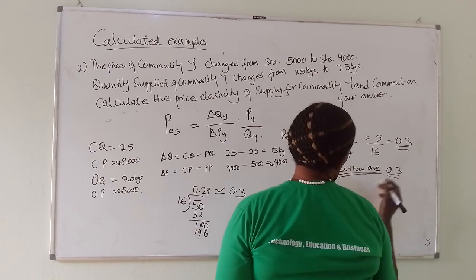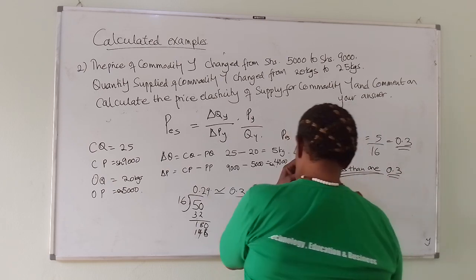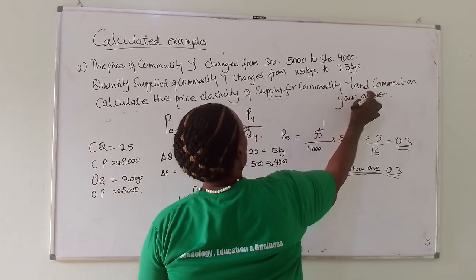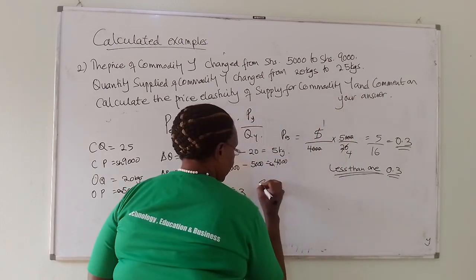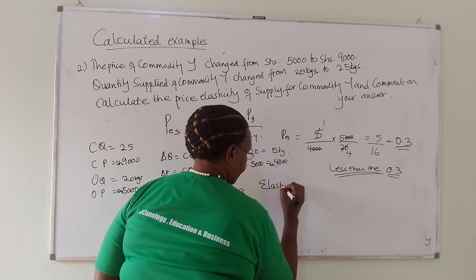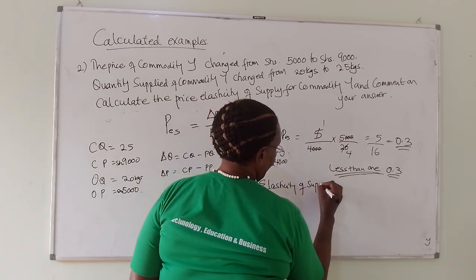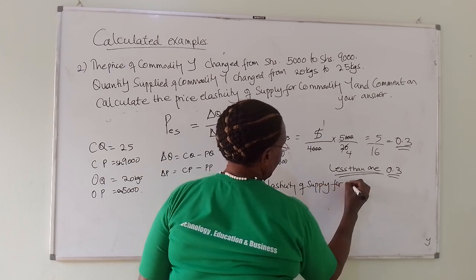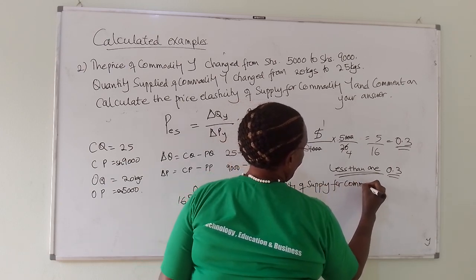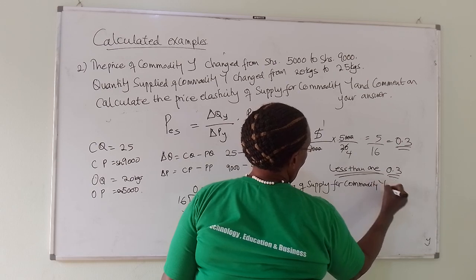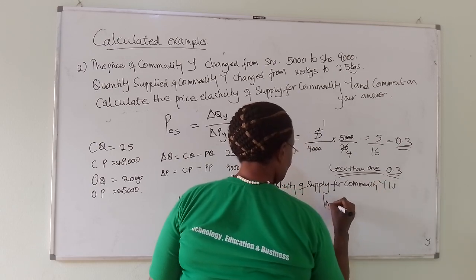0.3 is less than 1. And whenever we get an answer which is less than 1, what will be your comment? That the elasticity of supply for commodity Y is inelastic.